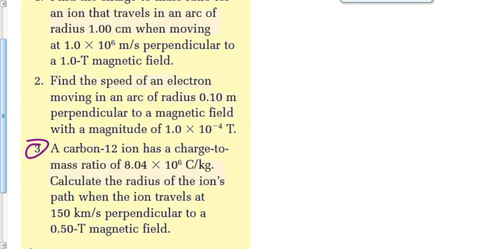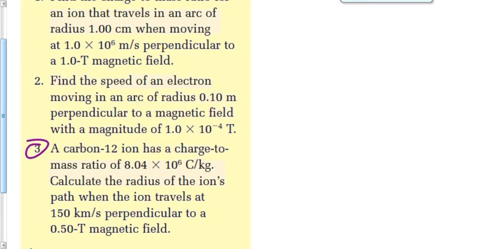We're going to find the radius of the ion's path when it travels at this speed through a magnetic field. If we think of this as a cathode ray tube, even though it's not really, which section of the cathode ray tube would it be? We'll say which section of the mass spectrometer, because that's really what it is here. Yep, it'd be the 3rd section, what I call the main chamber, because we've got just a magnetic field and it's going in a circle.